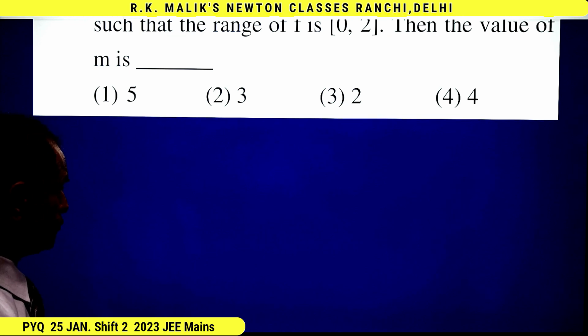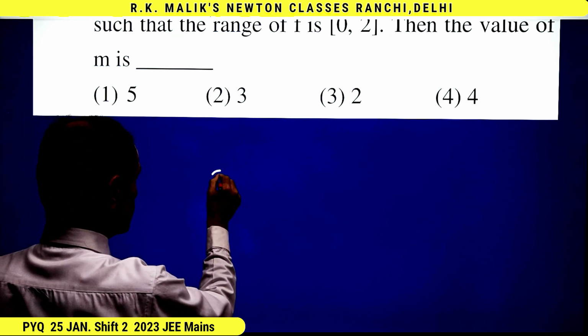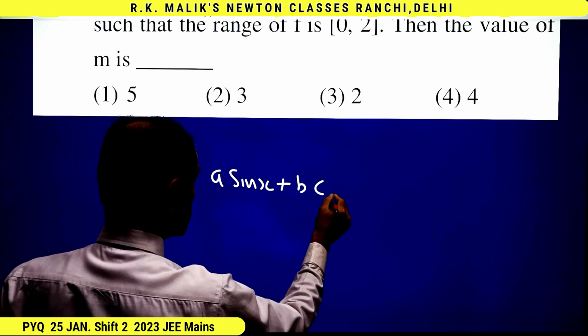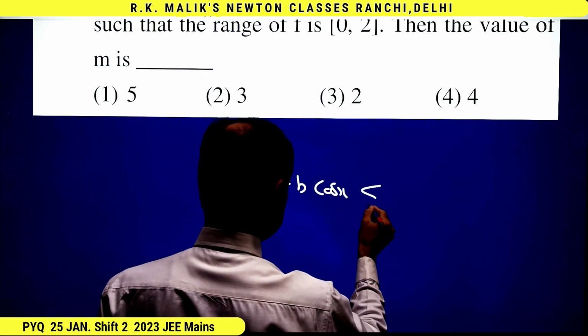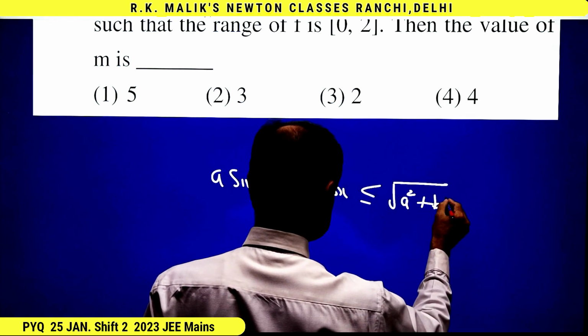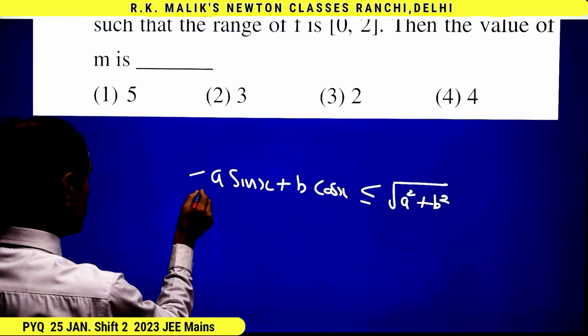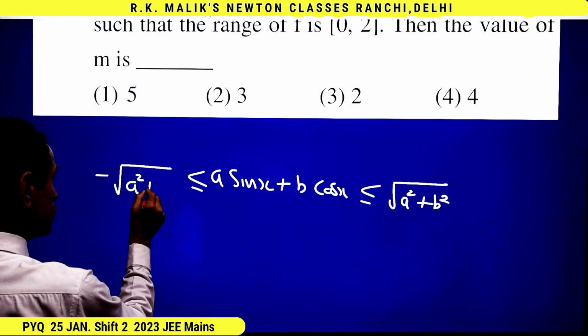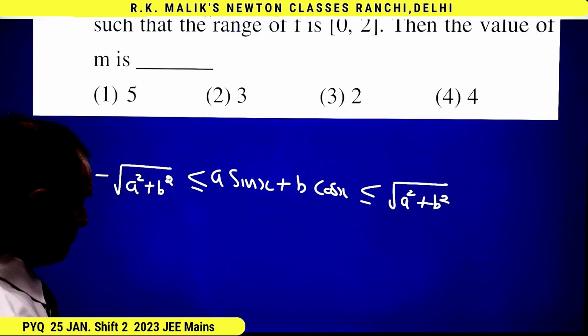First formula which you should know is the value of a sin x plus b cos x always lies between under root a square plus b square, and the least value is minus under root a square plus b square.